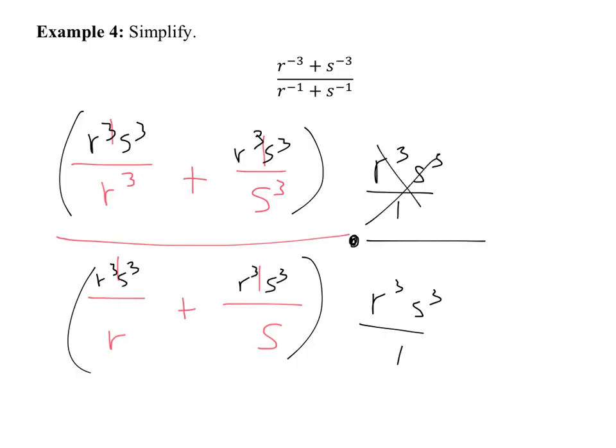And then cross these off if it helps. Okay, just put r cubed s cubed in all of them and reduce accordingly. R cubed cancels here, s cubed cancels over here. Over here, r makes this r squared now, and this s canceling makes this s squared.